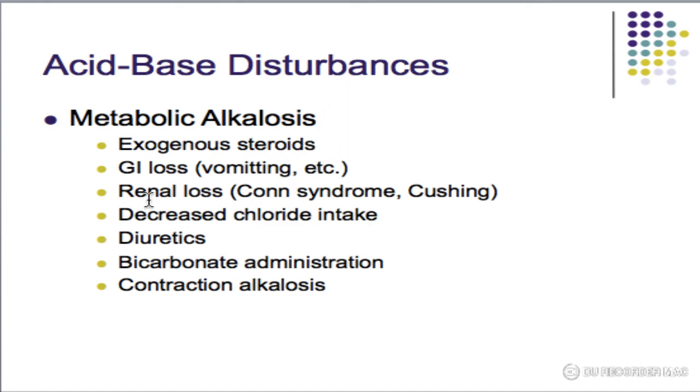So possible causes that contribute to metabolic alkalosis are exogenous steroids, gastrointestinal loss or vomiting, pagsusuka, renal loss, decrease in chloride intake, diuretics, and by too much diuretics, no, and bicarbonate administration and contraction alkalosis.